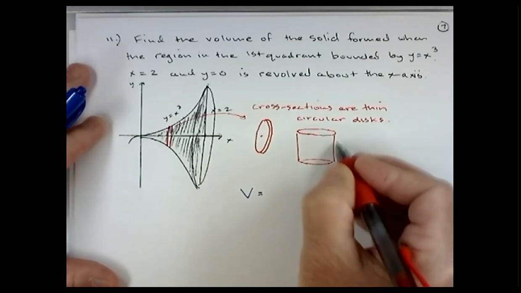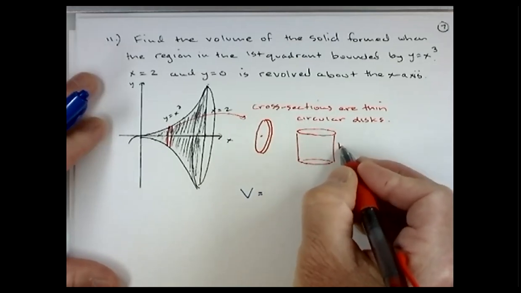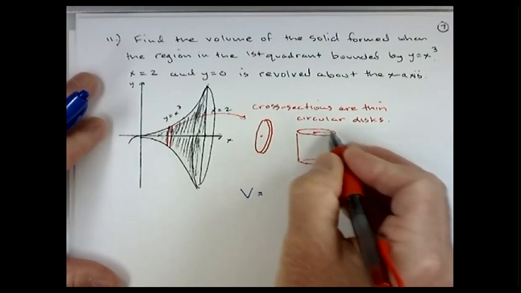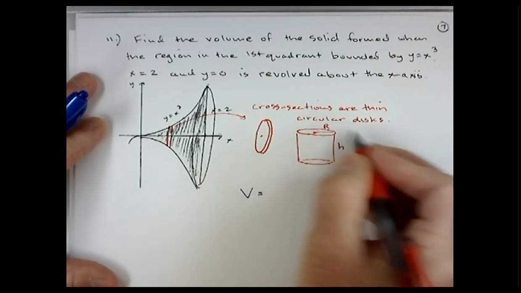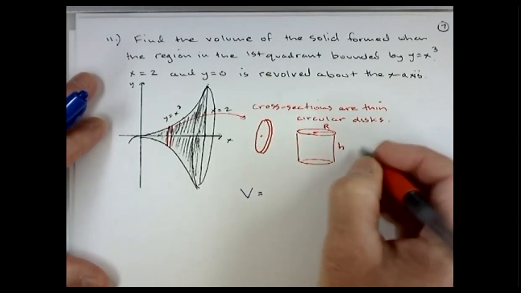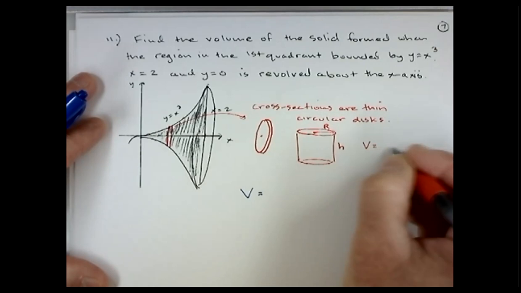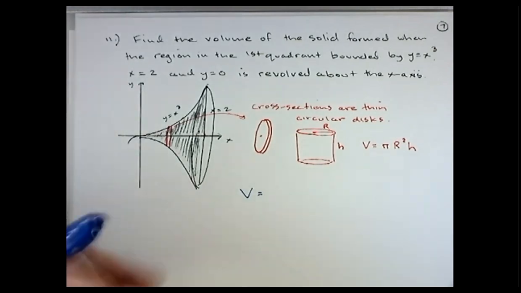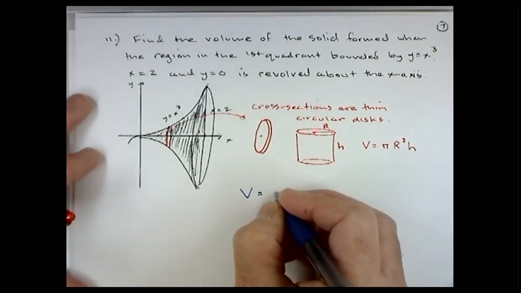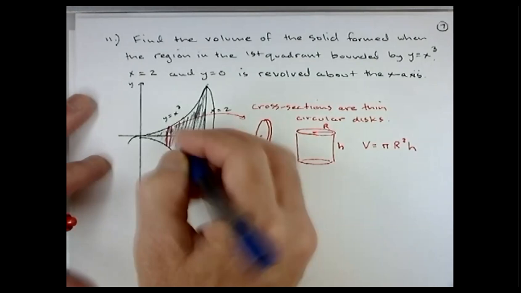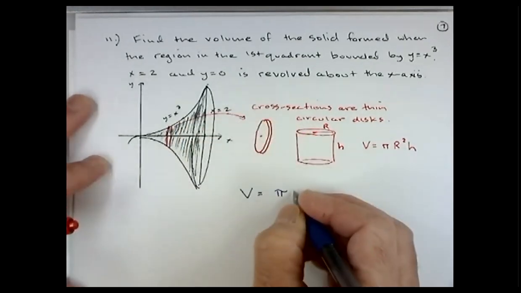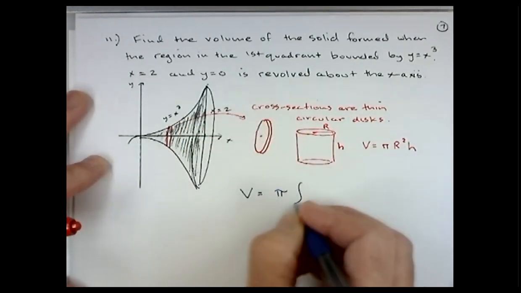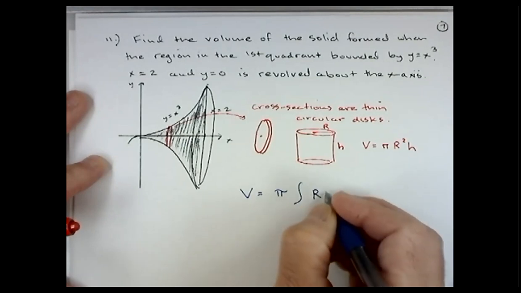Usually when we talk about cylinders, they have a height h and a radius, let me use capital R. And you may remember the volume of a cylinder is pi r squared times the height. And so that is going to be our general formula. If you have a shape where your cross sections look like discs, pi is a constant, so we can pull that out. But we're going to go with pi r squared.